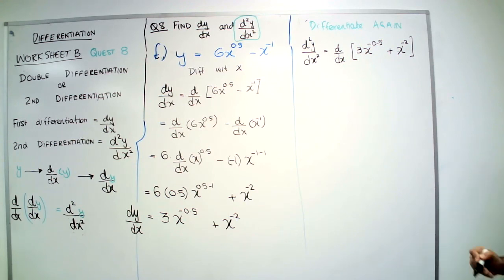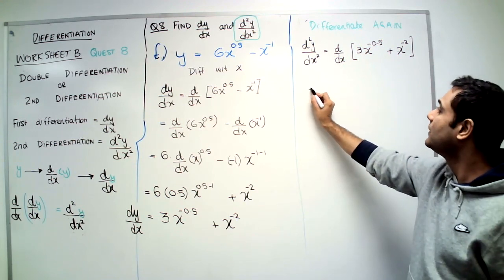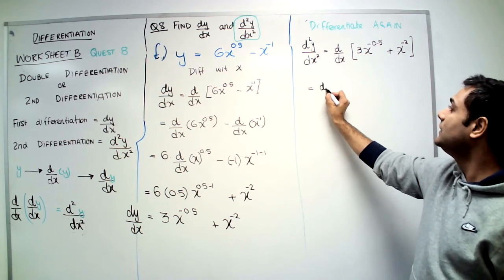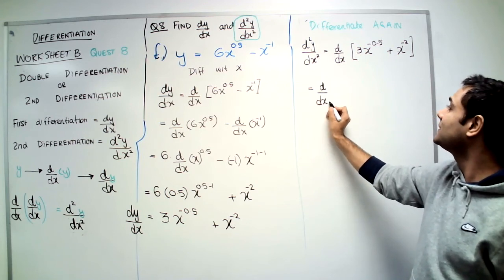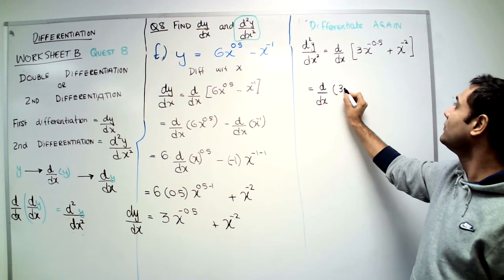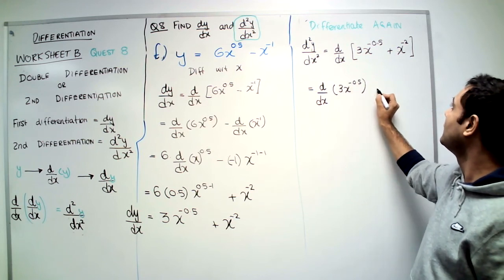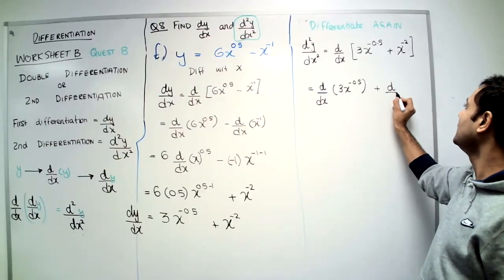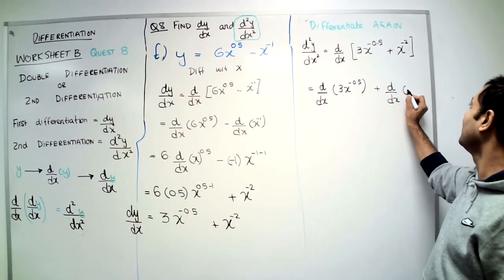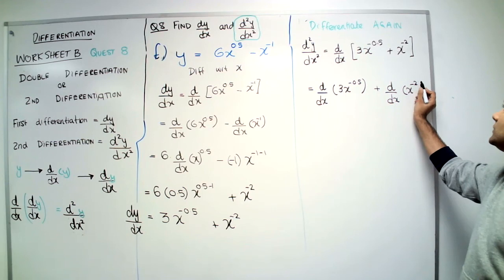Now I'm going to use the same technique. d over dx of 3x^-0.5 plus d over dx of x^-2.